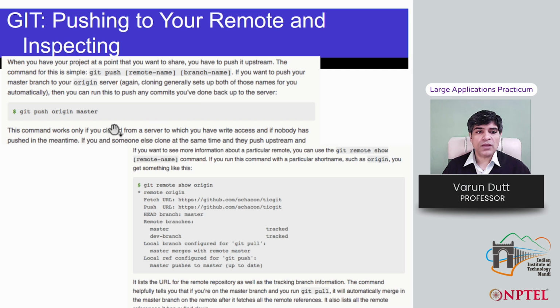Here you can see we are writing git push origin master. So in this case, origin is the remote repository and master is my current branch. So I'm pushing the changes to the remote repository. And we can also show git remote show origin, to see some information about the remote repository.